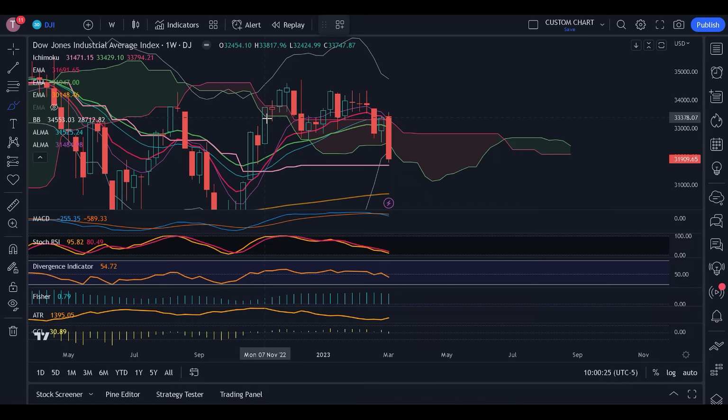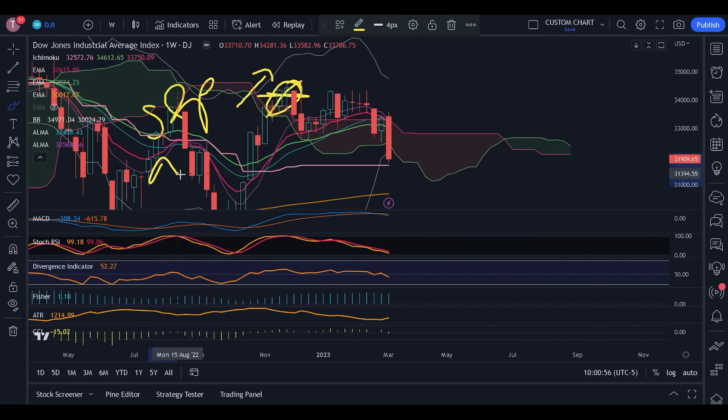Last year in November, the Dow Jones was able to move up, breach the Ichimoku cloud and move to the bullish side of the cloud. At that time I clearly mentioned that it was 100% a trap. Even though the Dow Jones on the weekly chart looked bullish, the S&P 500 and the Nasdaq were bearish because they were still trading below the Ichimoku cloud. Until all three indices close on the bullish side of the Ichimoku cloud, there will not be any confirmation that the stock market has regained its long-term bullish trend.